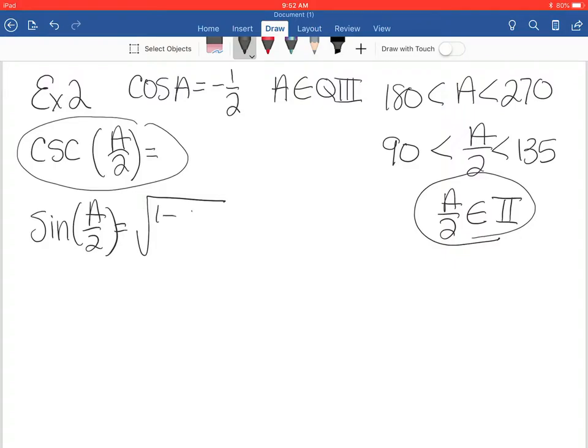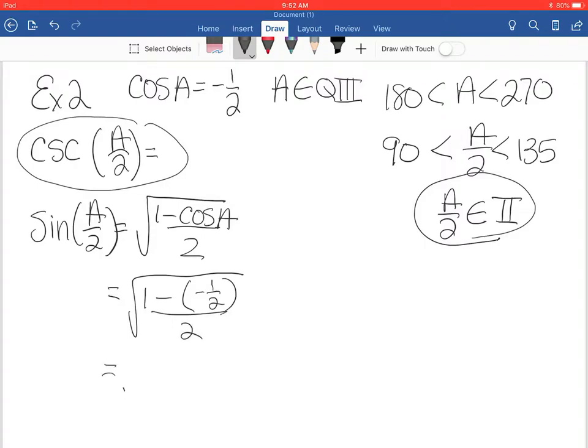So I'm going to do the square root of 1 minus cosine A over 2. Since cosine of A is -1/2, I'm going to have 1 minus -1/2 over 2, which gives me 1 plus 1/2 over 2. And then I'm going to clear the fractions by multiplying everything by 2.